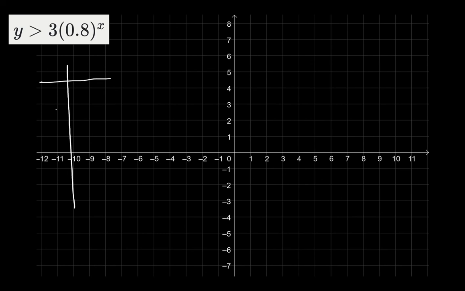I would definitely look at when x is 0, and I can see if x is 0, then the 0.8 to the 0 power is going to become 1, so that'll just produce 3. If x is the number 1, I'm going to have 0.8 times 3, which would give me 2.4.